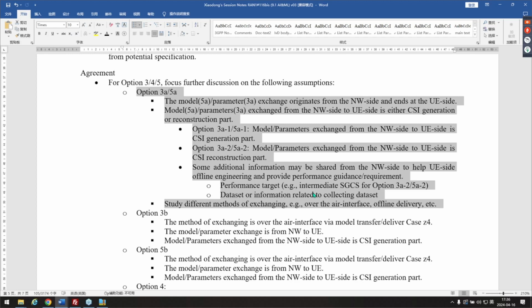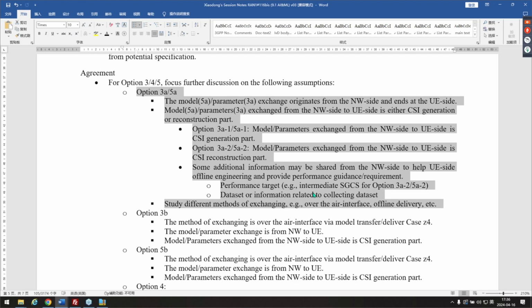So basically, if the model transfer for option 5A and 3A is that the network transfers the CSI generation part, it means that the network side also needs to send the CSI reconstruction part to the UE side for the performance target check.